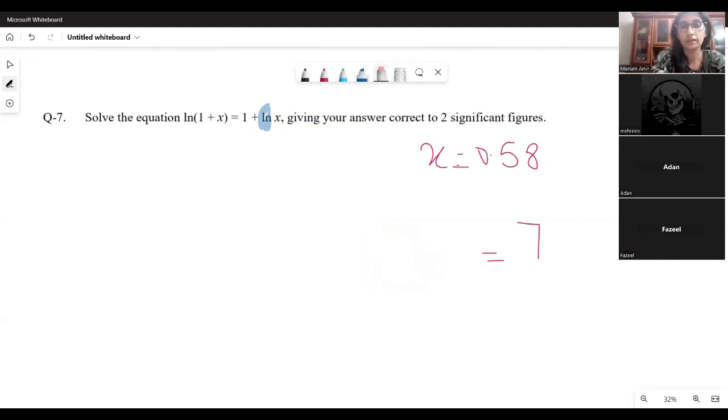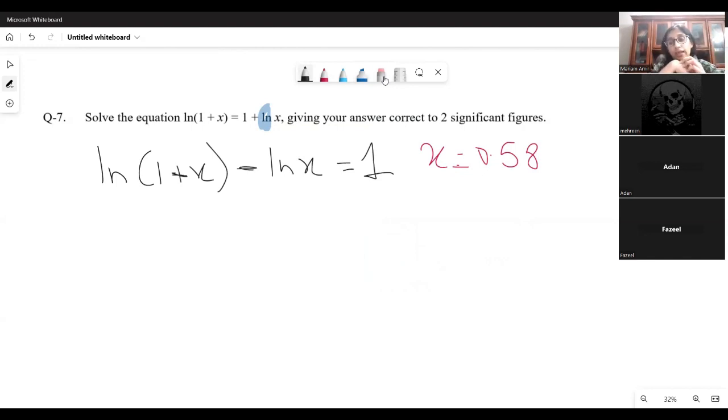So when you're moving the right ln x to the left hand side, it just becomes negative ln x. So it's minus ln x equals 1. We did not break the ln in x.